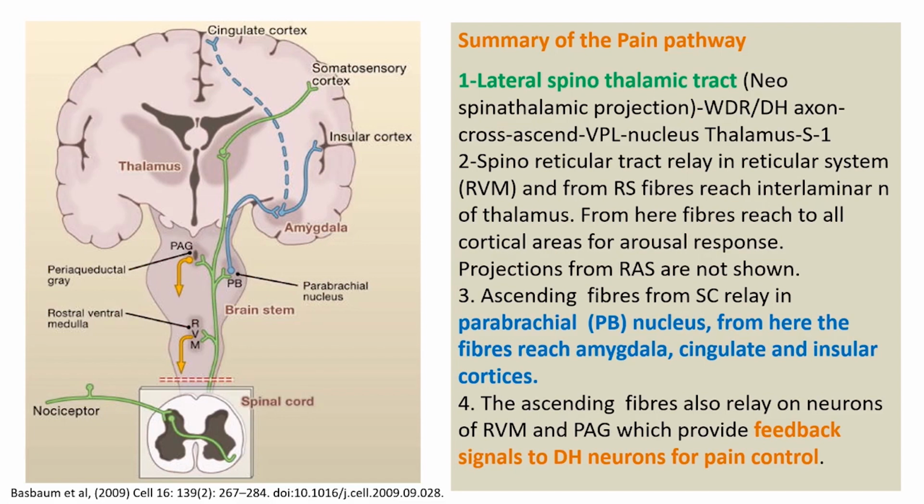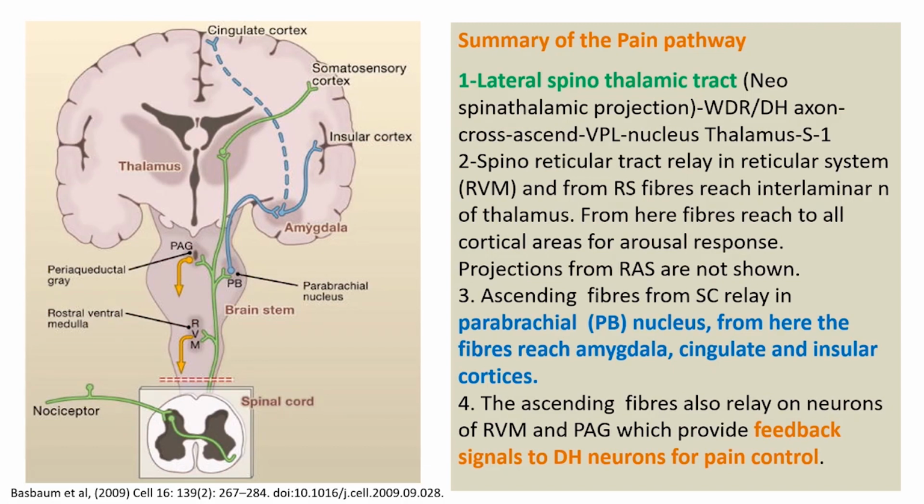From this green path you can see the collaterals: one at the rostroventral medulla, and the other at the parabrachial nucleus. The third collateral is at the periaqueductal gray.